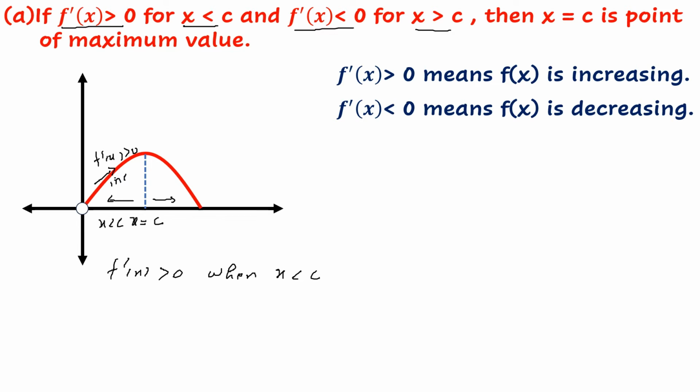Now we go towards right of c and we see that the function is decreasing, that is the first derivative is less than 0. So the first derivative is less than 0 when x is greater than c. So x is equal to c is the point of maximum value. As we can see from the graph also, at x is equal to c, the function has maximum value.